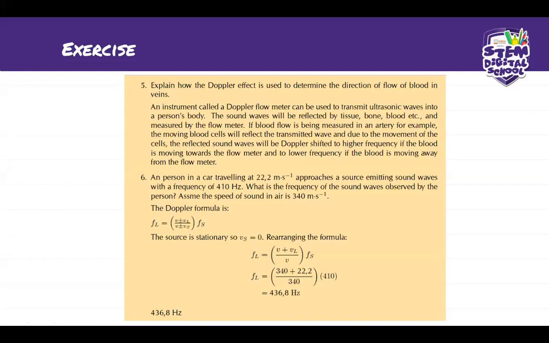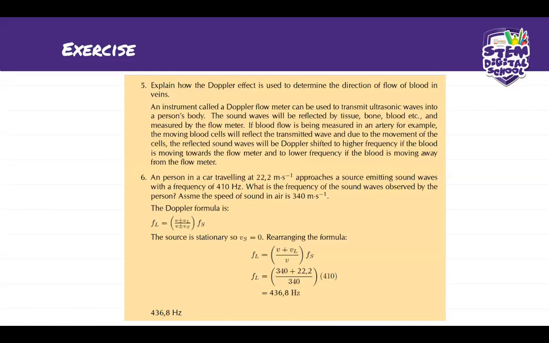So if blood flow is being measured in an artery, for example, the moving blood cells will reflect the transmitted wave, and due to the movement of the cells, the reflected sound waves will be Doppler shifted into a higher frequency if the blood is moving towards the flow meter, and to a lower frequency if the blood is moving away from the flow meter.